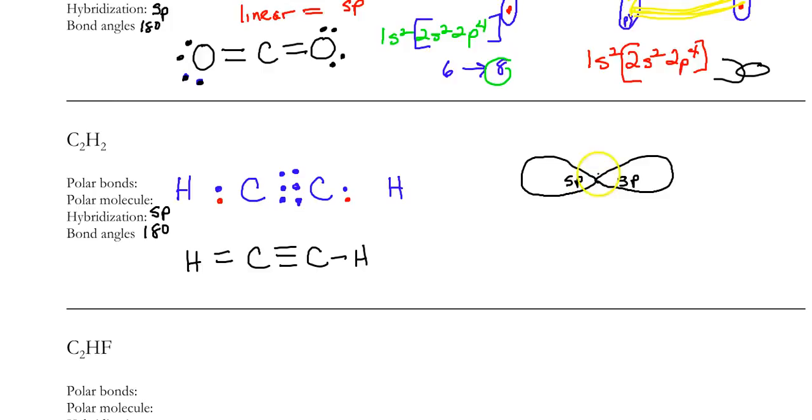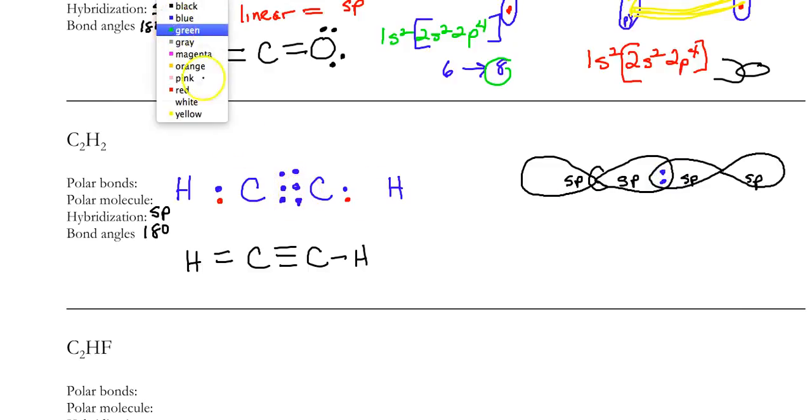So we can draw another carbon. So this is 1 carbon. And here's my other carbon. These are both sp. And we notice we're going to make 1 bond here. And that could be, right now, this bond.